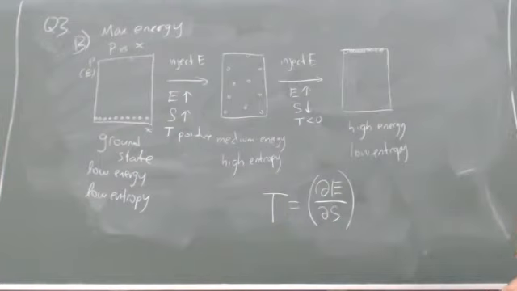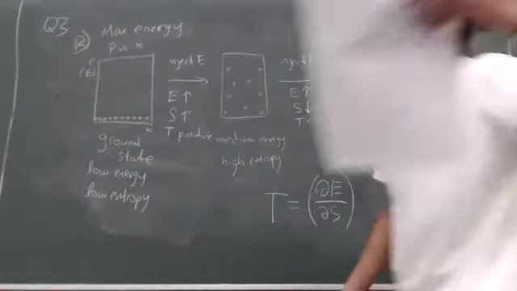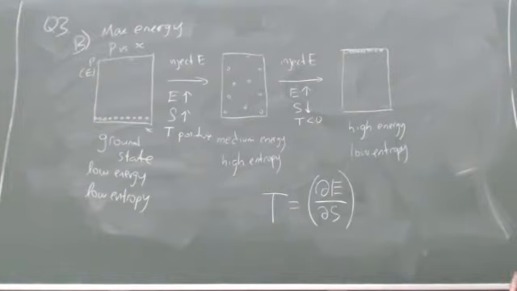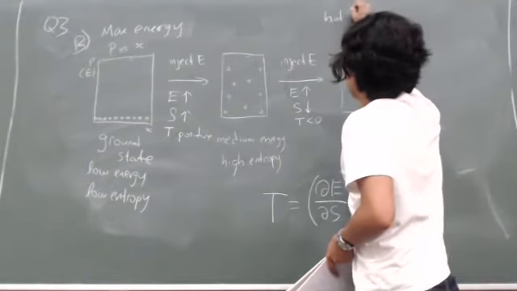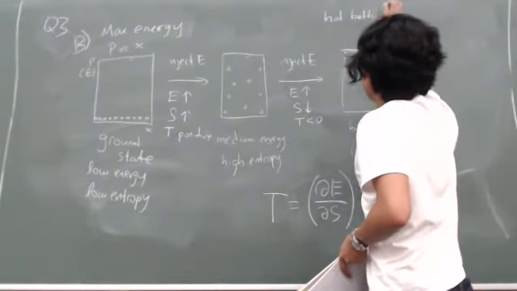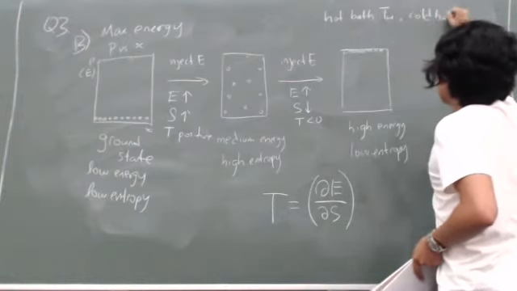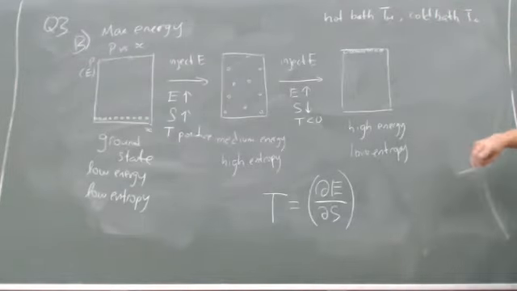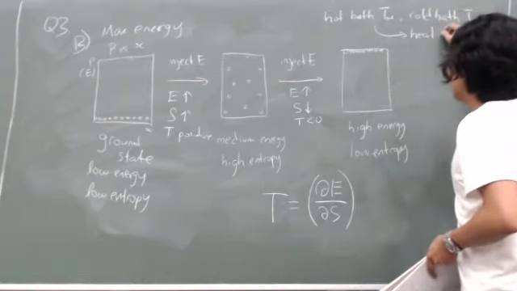And this leads on quite easily into the next part. For part C, you want to say, given the intuition for temperature, are negative temperatures very hot or very cold? So intuitively, if we consider a hot bath with high T, so T_H, and a cold bath of T_C, T cold, then if these are both positive numbers, we know that heat flows from the hot bath to the cold bath.